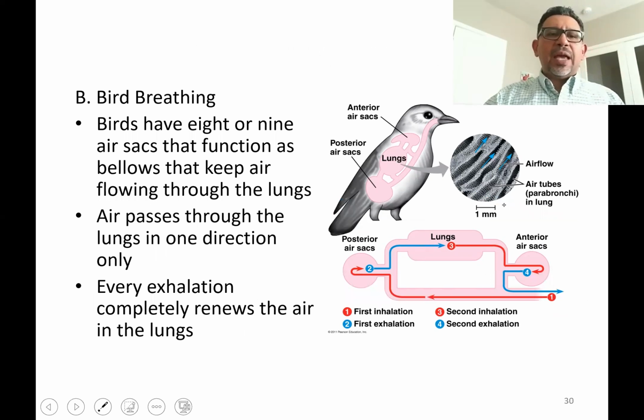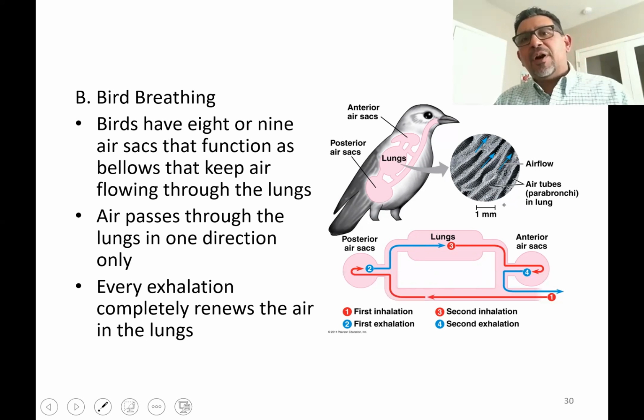Let's take a look at animal breathing in the case of birds. Now, birds need high amounts of oxygen. Well, we know that endothermy, the need for using energy to generate heat to maintain internal temperature conditions that are steady, will require a lot of energy. And so with energy processing also comes the need for oxygen.